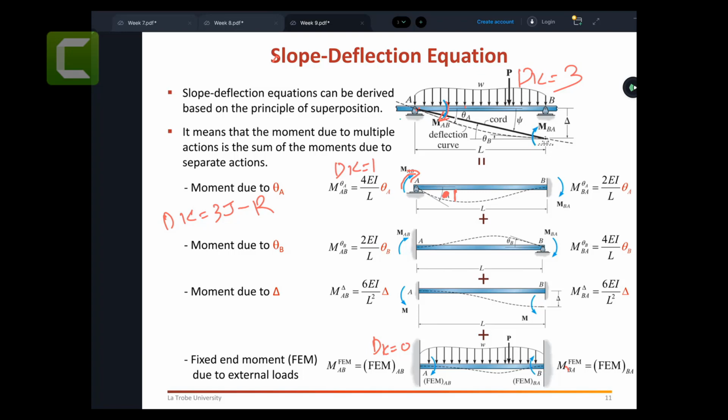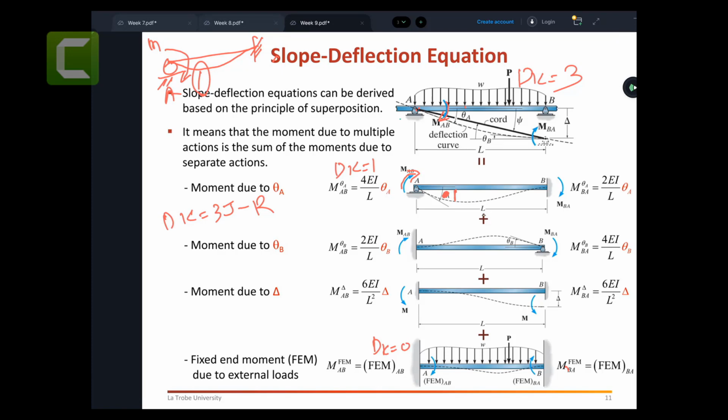So let's say you have a fix here, a roller here, a roller here, and someone tries to rotate by 1.